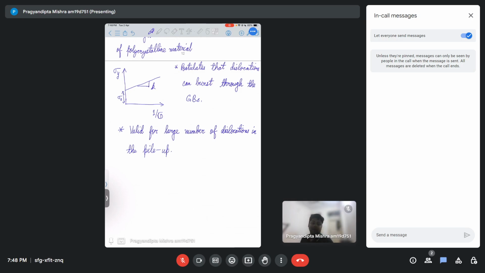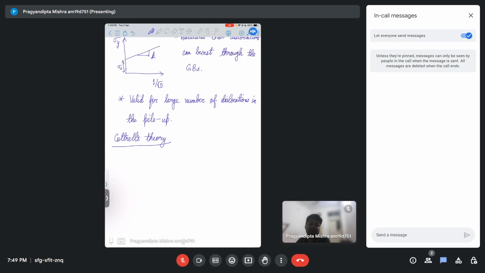However, this theory was kind of not agreed upon by Cottrell. Okay, so Cottrell gave a different kind of theory. So let's just look at it quickly.